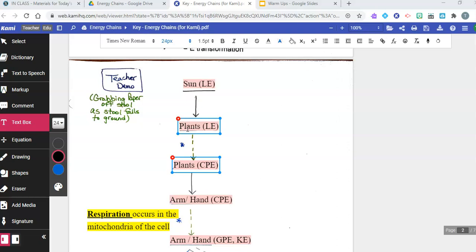Remember last year you learned the organelle in all plant cells, their job is to soak up and absorb sunlight energy, and that's called the chloroplast in all plant cells.